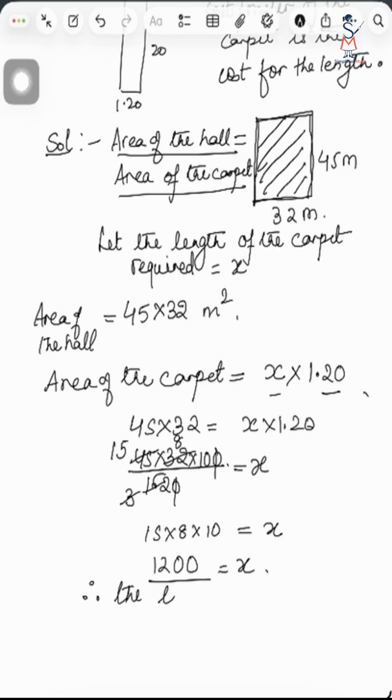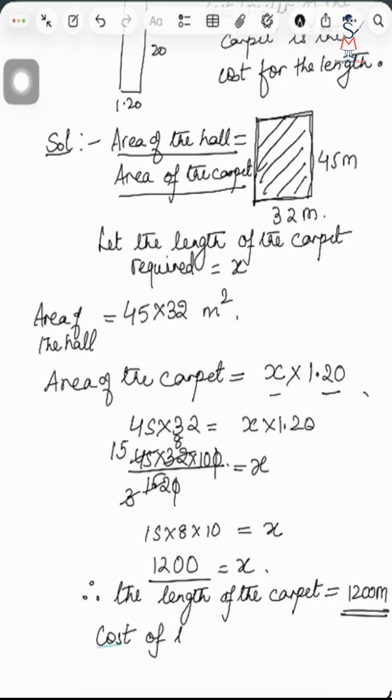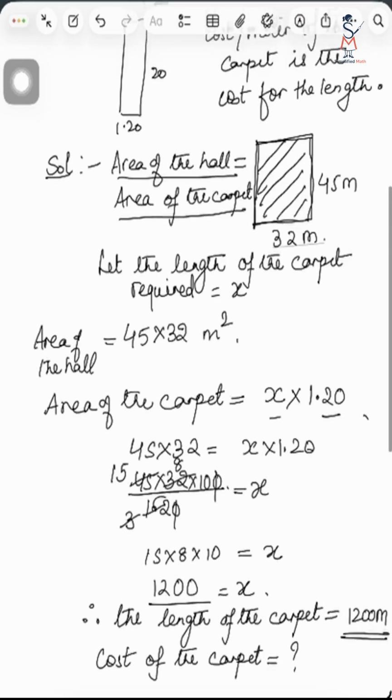So what is the length of the carpet which you are taking, how much length of the carpet is required to cover that area? 1200 meter. So what will be the cost of this? It depends on the length you take, not on the width. What is the cost of the carpet given in the question?